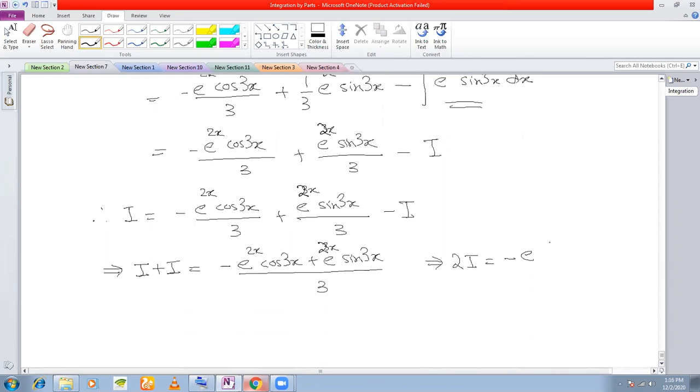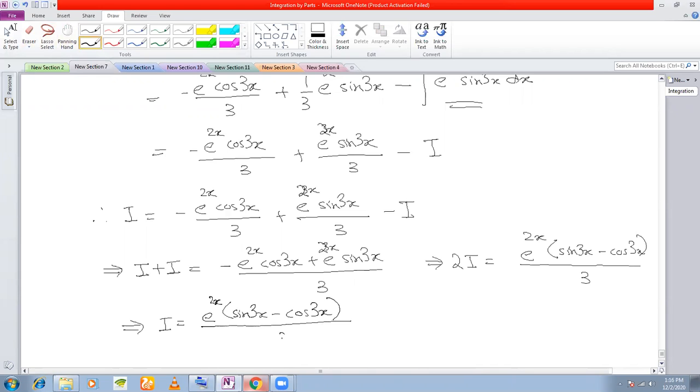So what are we getting here? If you take e to the power of 2x common, what are we getting? Sine 3x minus cos 3x divided by 3. That means what is I here? I have taken minus sign outside, then no need to take minus sign outside because I have already written sine 3x minus cos 3x. You're getting e to the power of 2x sine 3x minus cos 3x whole divided by 3.